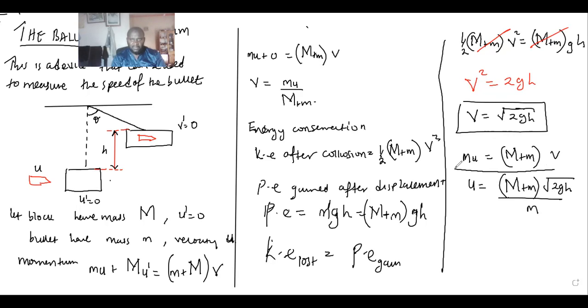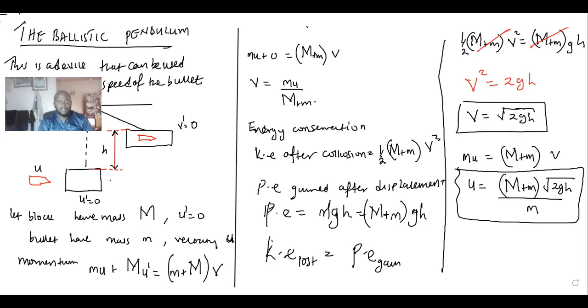So we can get it from this expression. So that is the expression we can use to find the initial velocity of the bullet, just in case it has been asked for.